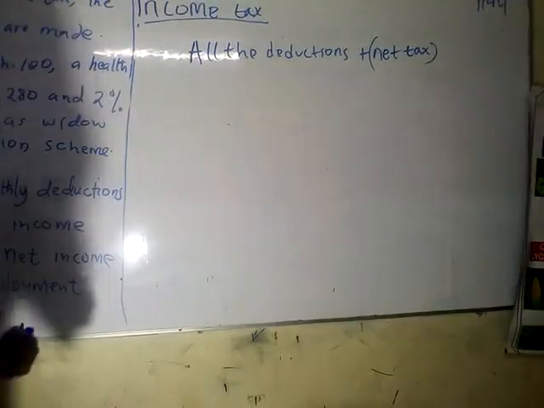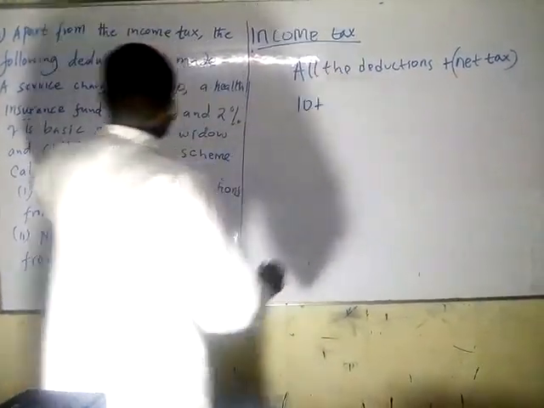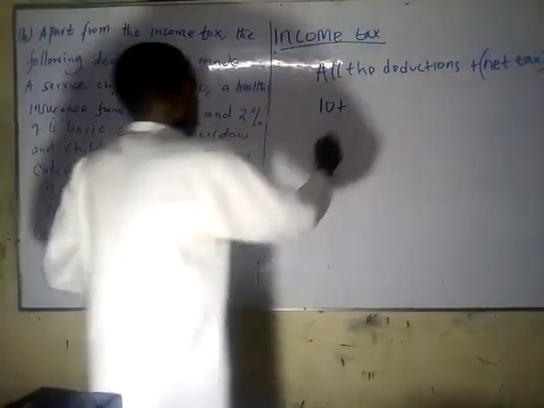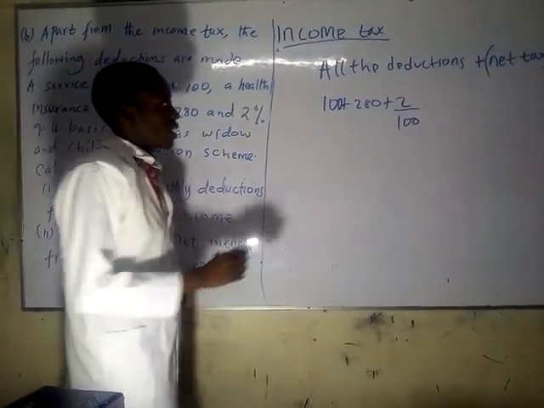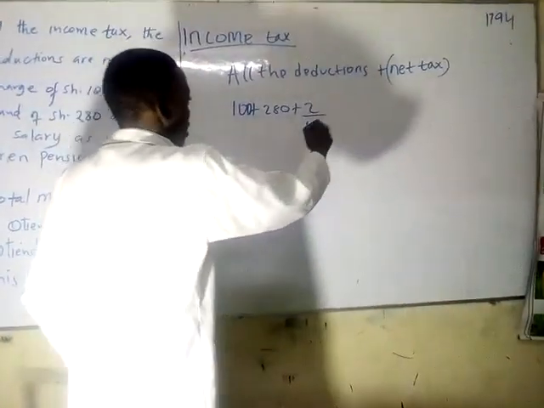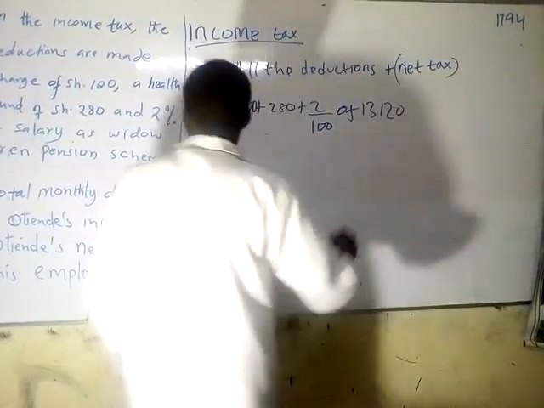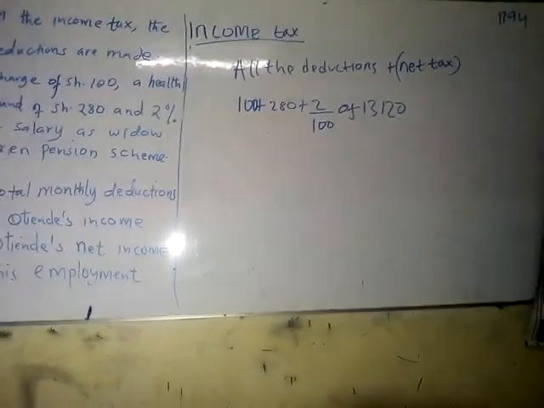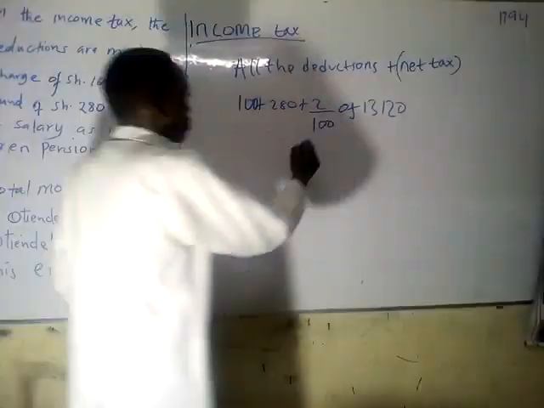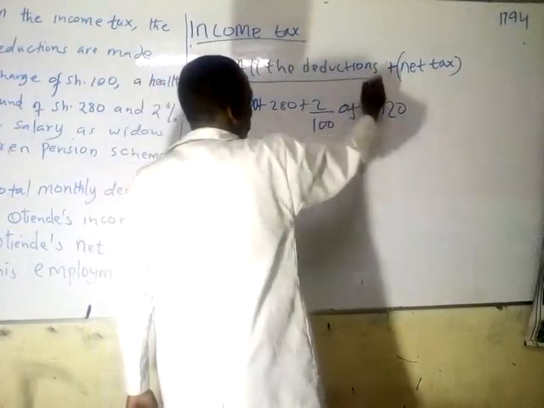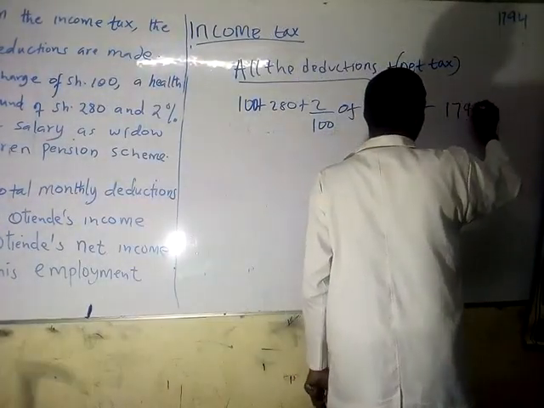So you come and say, we'll take 100 plus 280 plus 2% of the basic salary, which is 13,120, as the widow and children pension scheme. So when you get this, you get all the deductions plus the net tax, which is 17.94.